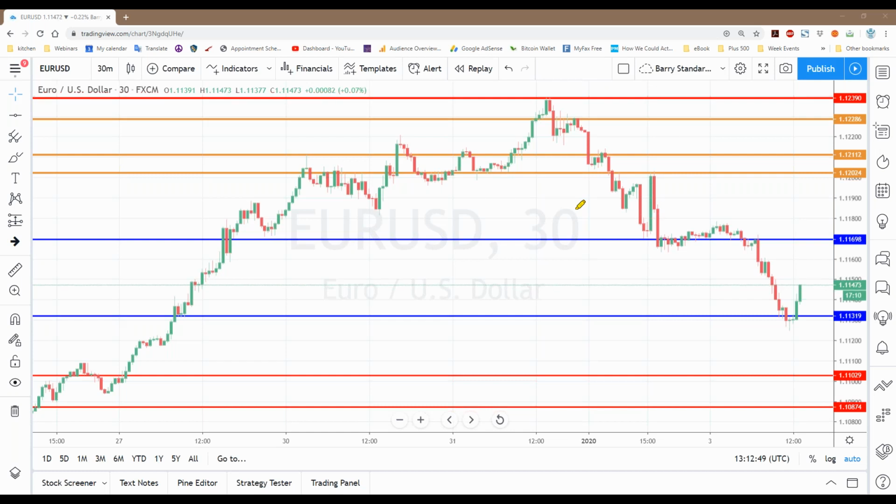You can color them, set them up individually for you so that they talk to you. So I'm going to share with you a little presentation on eyeballing support and resistance, and then we're going to go back and talk about how we can trade these.